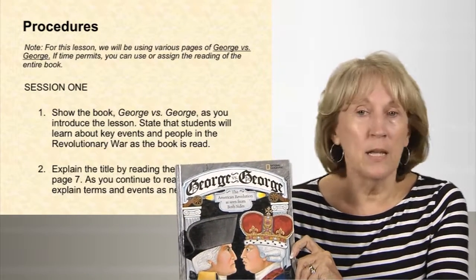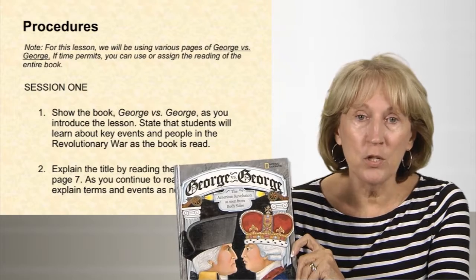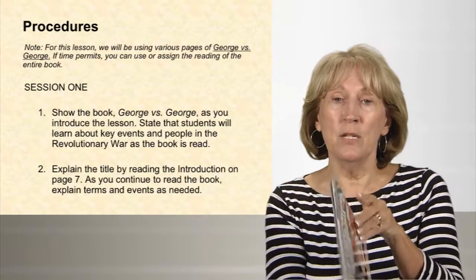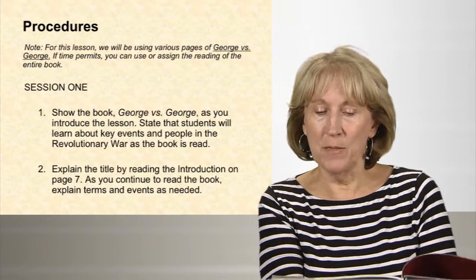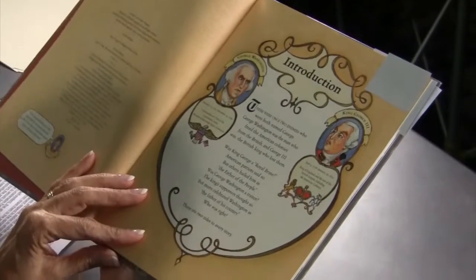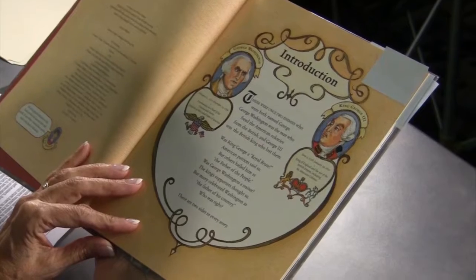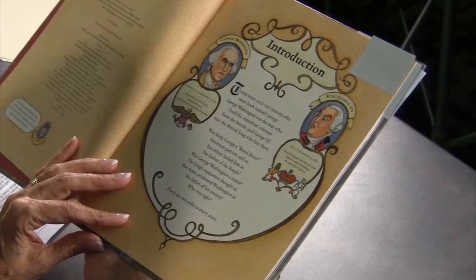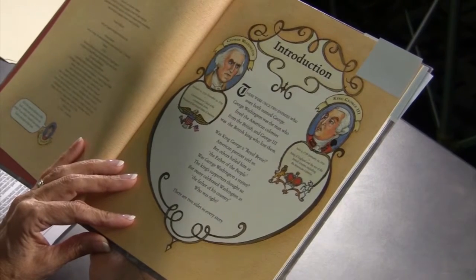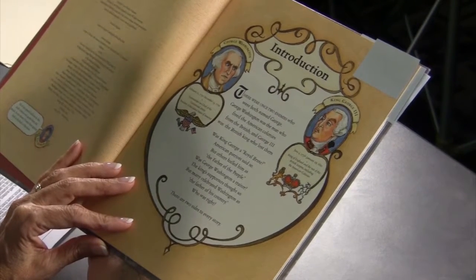Now, the title is a little unusual, George versus George, so you can use the introduction on page 7 that will help students understand what this means. There were once 2 enemies who were both named George. George Washington was the man who freed the American colonies from the British, and George III was the British king who lost them.